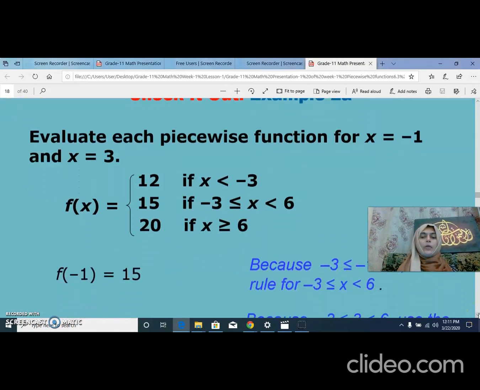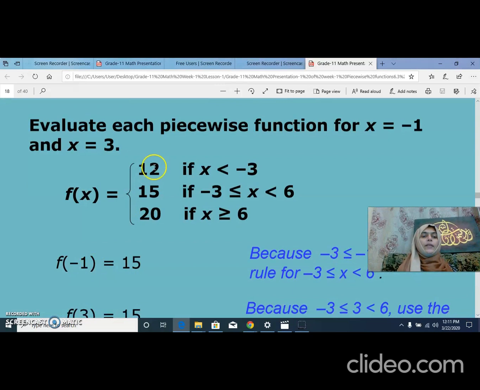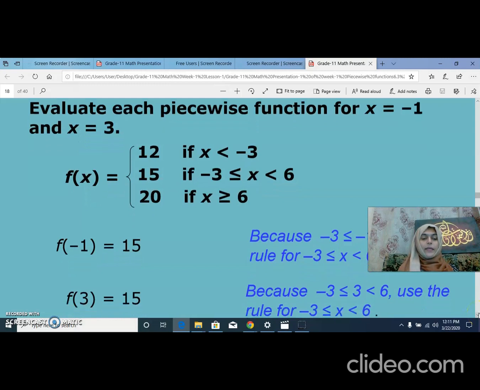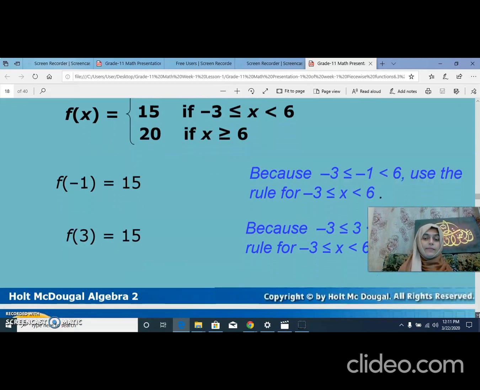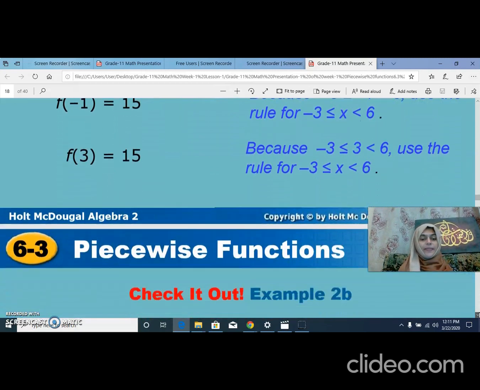So f of negative 1 is 15, not 12, not 20, because negative 1 is in here, negative 3 to 6. And for f of 3, pause the video for some time and do it yourself. If you got f of 3 is 15, well done. I know you will do well.